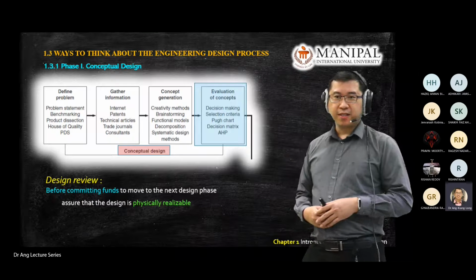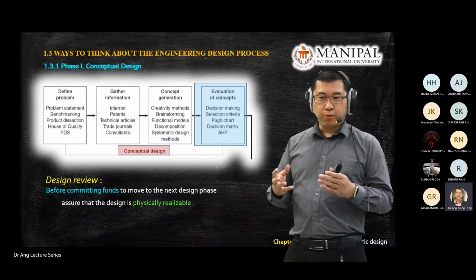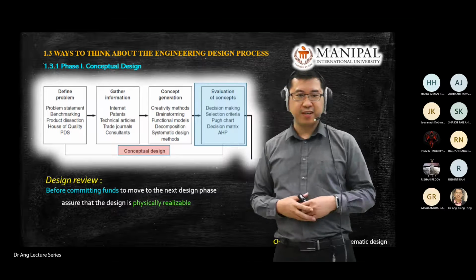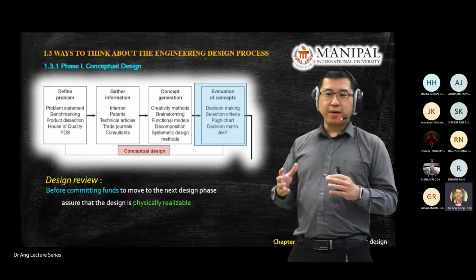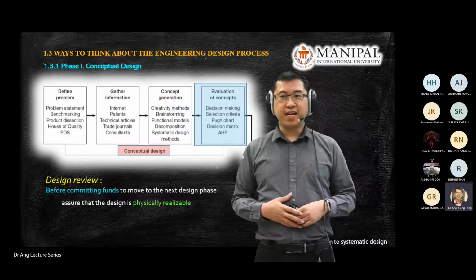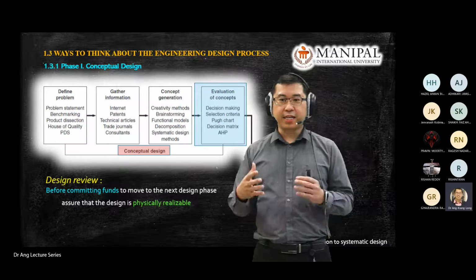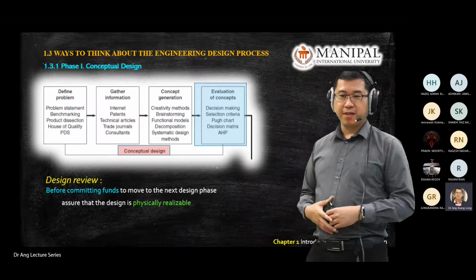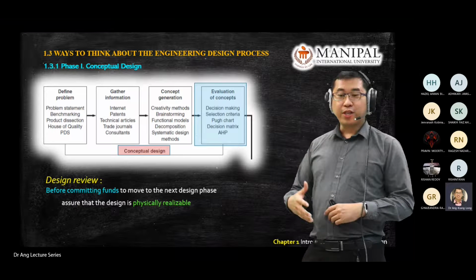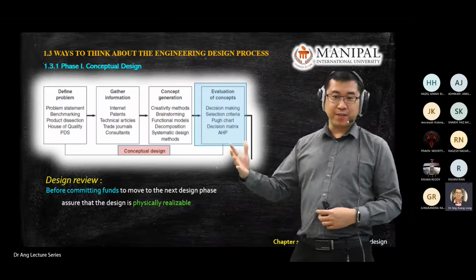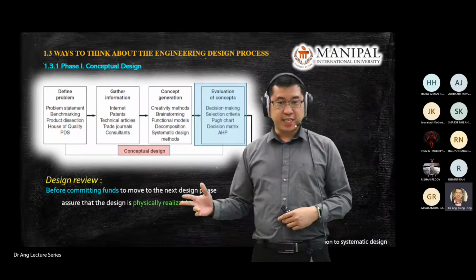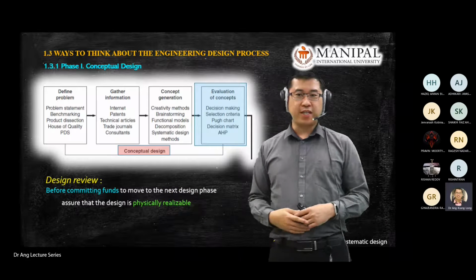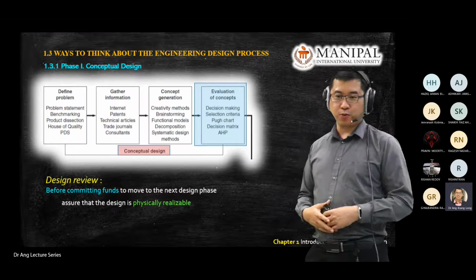Am I able to do welding on this part or not? So don't think about something very complex like needing electroplating or titanium. I already told you the budgeting in the previous lecture. So choose wisely and review whether it is possible for you to fabricate.